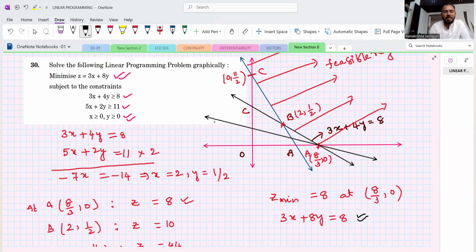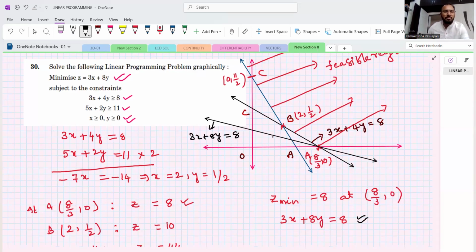This is that 3x plus 8y equal to 8. You see, this line has no common point with the feasible region except that point, except this point A, like the previous example.